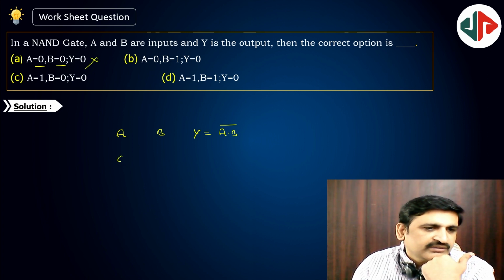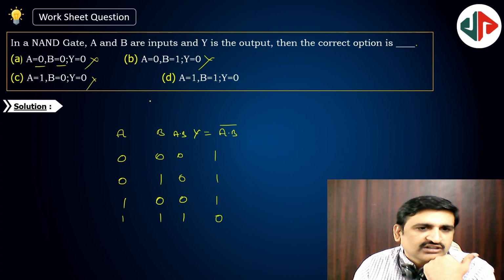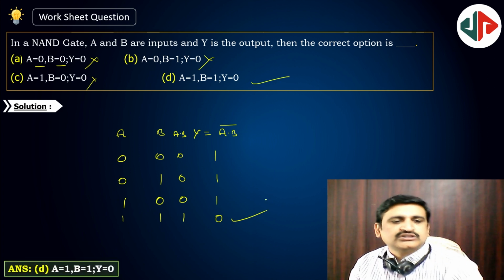Or otherwise, I will put the table 0, 0, 1, 1 and 0, 1, 0, 1. If A dot B is there, then 0, 0, 0, 1, and bar will be 1, 1, 1, 0. So for 0, 1 it should be 1. So wrong. This one is wrong. This is 1, 1, 0. This is correct. Yes.